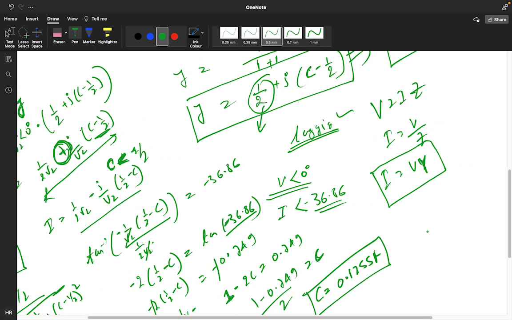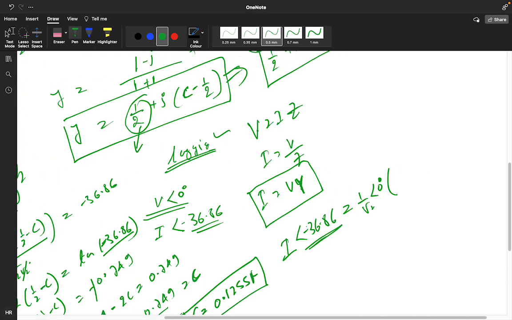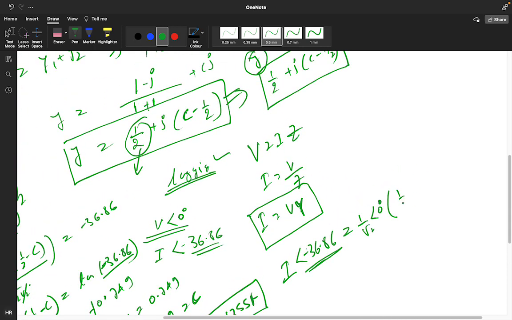Here it is given in the question: I at an angle minus 36.86, and V is given as 1 by root 2 at an angle 0 degree. And you have the value of Y, that is 1 by 2 plus j into c minus 1 by 2.